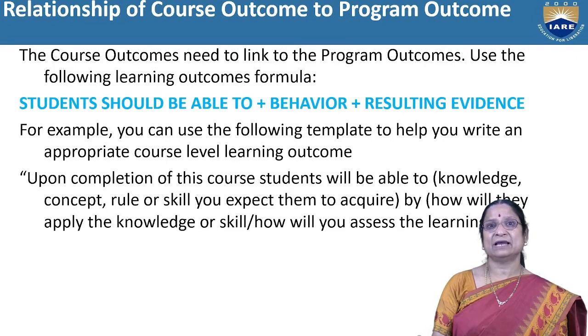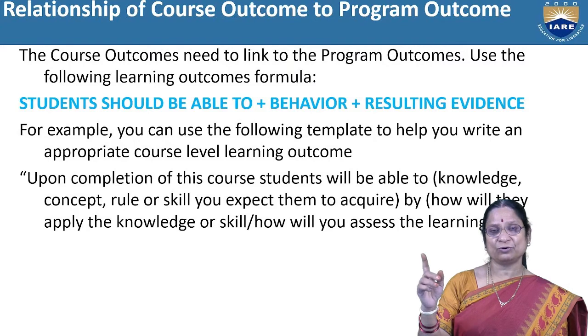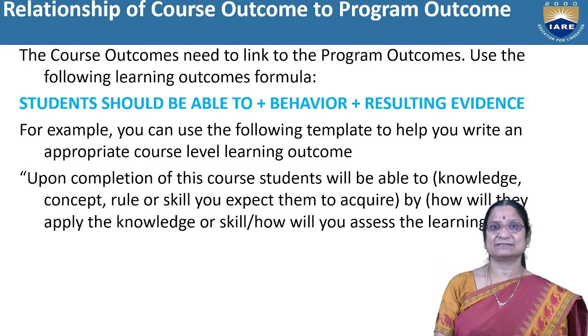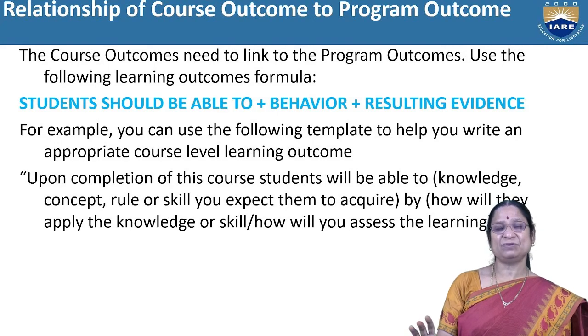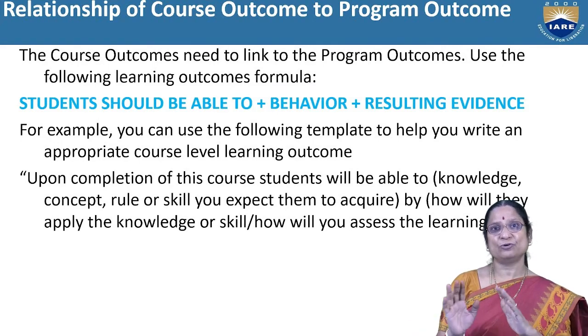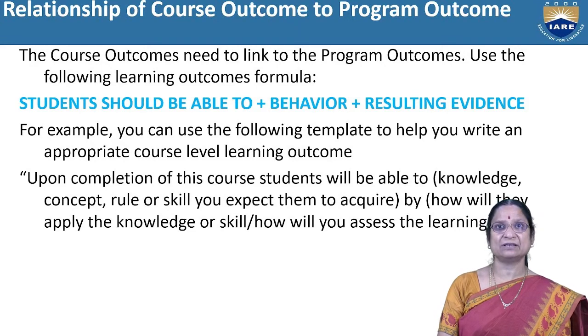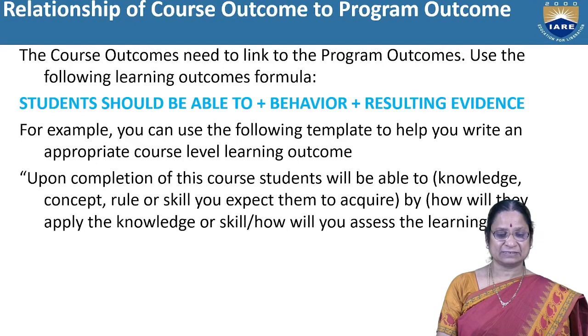Combining all these achievements of the course outcomes, the program outcomes assessment and achievement can be analyzed by us. For that purpose, we need to know how these course outcomes are going to be mapped with the program outcomes. So the course outcomes need to link with the program outcomes. Various techniques can be used, and this is the following technique which generally we will use for the linking process.